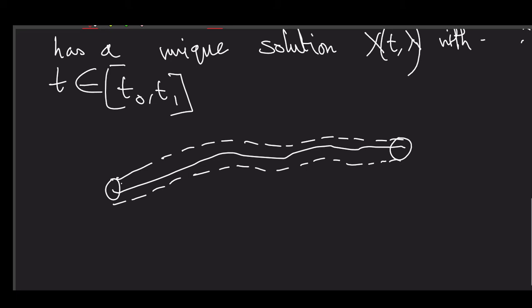So the continuity of the differentiability of f with respect to x and lambda implies an additional property of the solution with respect to lambda near your lambda naught. What we can write here is a very simple thing.